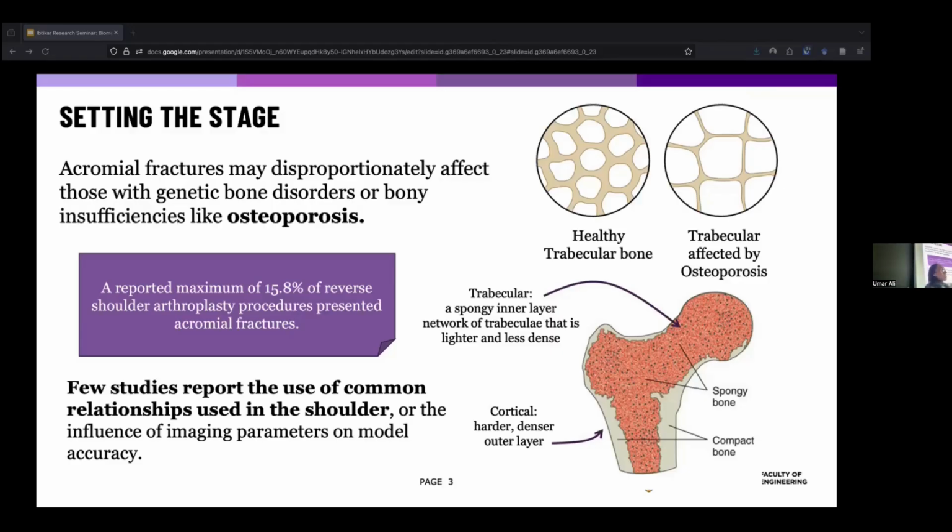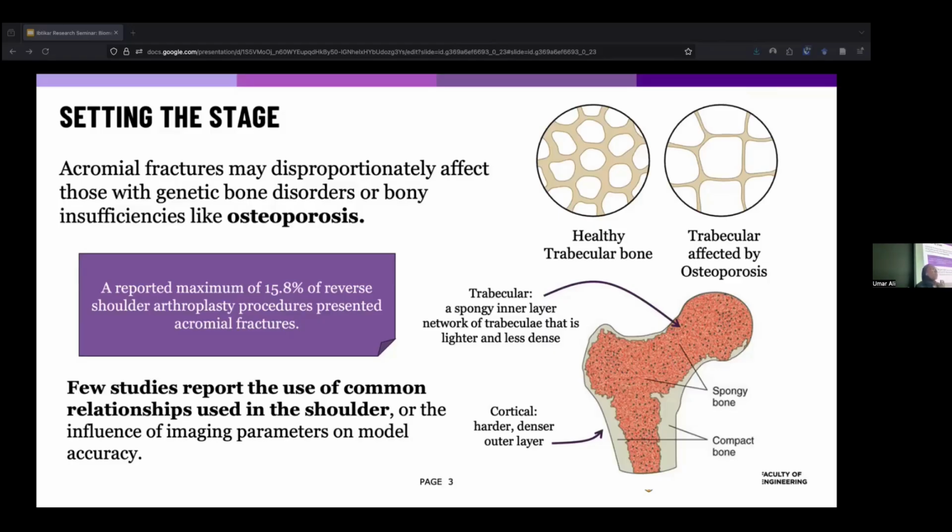This is a huge difference because we're considering the insulation of bone and also what protects it. If a patient has osteoporosis, their trabecular bone is going to be severely affected, where the bone, which is already pretty weak, will become even more weakened. You can see it's much thinner.